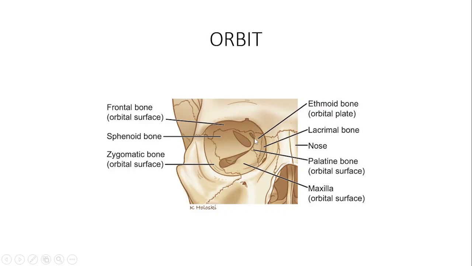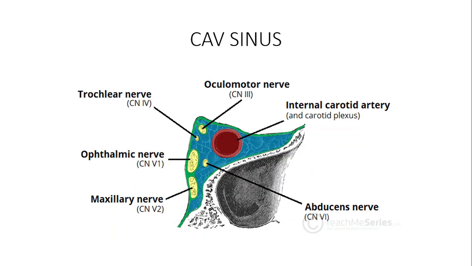Is the optic nerve affected? No. If the optic nerve is not affected, then we're talking about what? Superior orbital fissure syndrome. If the optic nerve is affected, then you are talking about what? The orbital apex syndrome.